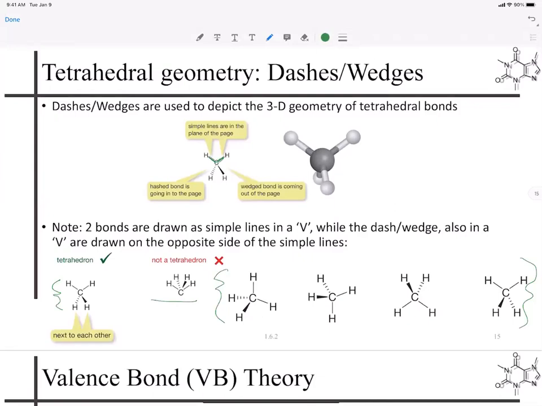So, for example, here, the two bonds in the plane could be pointing down, and therefore your dash and wedge will be pointing up, or that can be reversed, as in this case here. But again, they don't have to be either pointing up or pointing down. They can be kind of pointing to the side, as shown in these two examples. So just understand that all four of these are completely correct. All we've really done is just rotate the different orientation of that tetrahedral carbon atom.